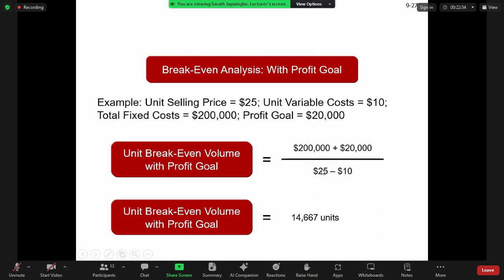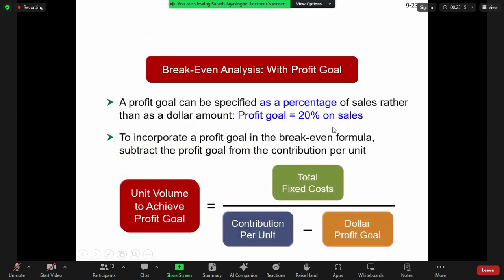This is where we are calculating contribution. Right? Accordingly, you can see 14,667. Unit break even volume with the profit goal. Profit amount is goal is $20,000. Then break even analysis with profit goal.